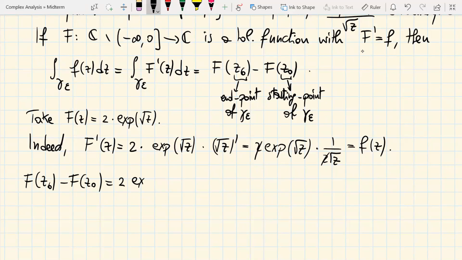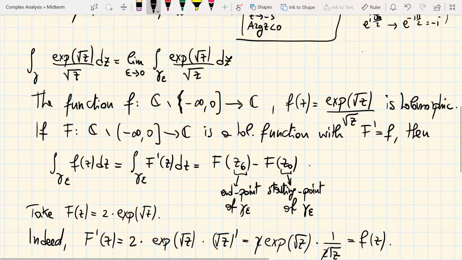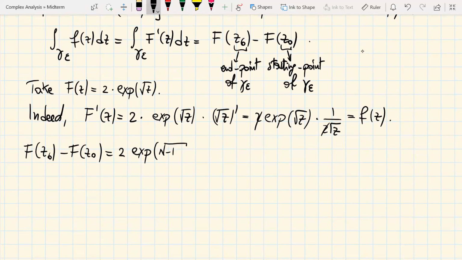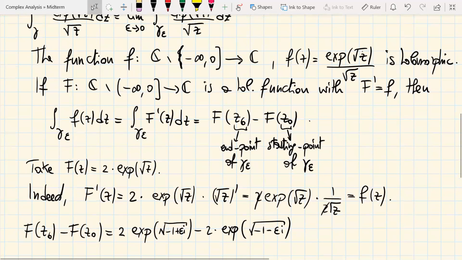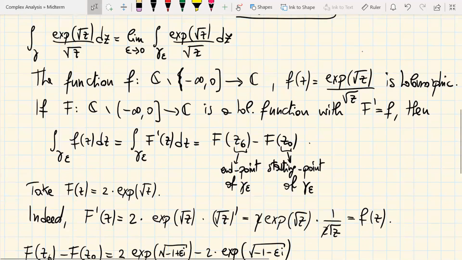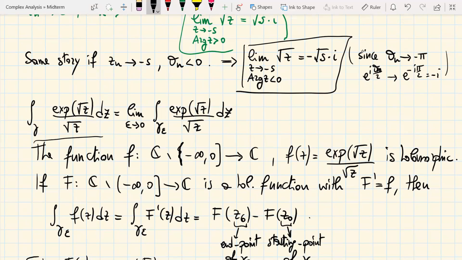So this is 2 times the exponential of square root of minus 1 plus epsilon I, minus 2 times the exponential of square root of minus 1 minus epsilon I. And now the thing that's left to do to compute this integral here is to see what happens when epsilon goes to 0.